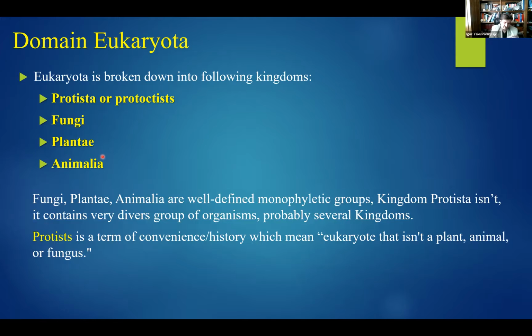It has the characteristics of this and that, therefore we'll put it in the group of the protists. So essentially, protists are eukaryotes which are not plant, animal, or fungus. All right. So keep that in mind.